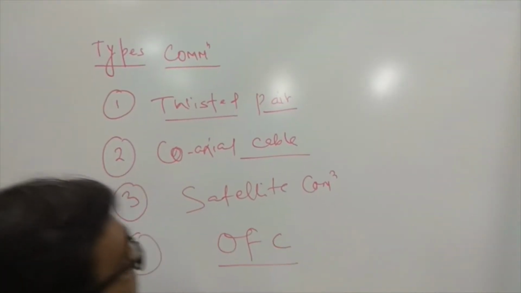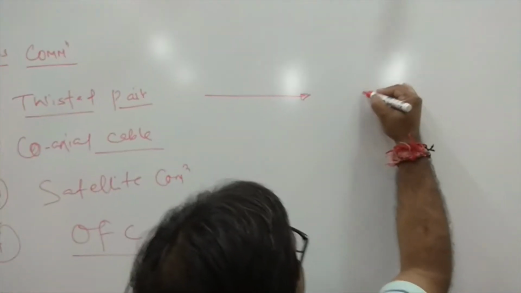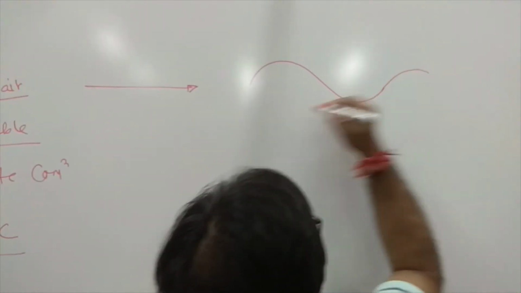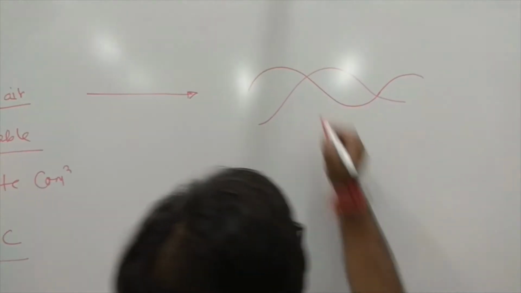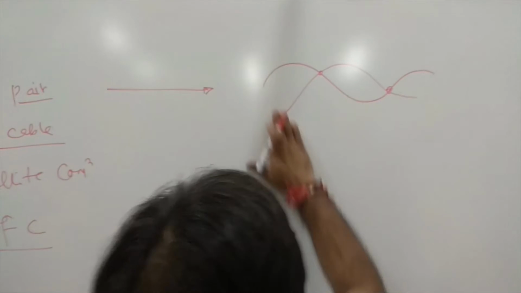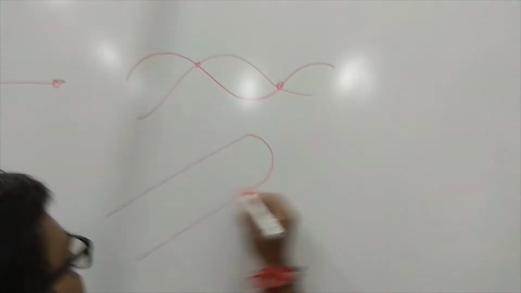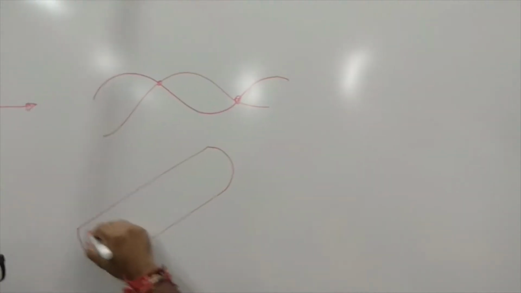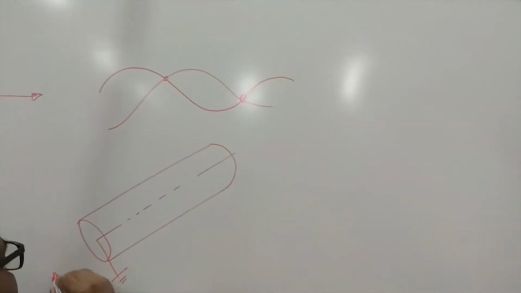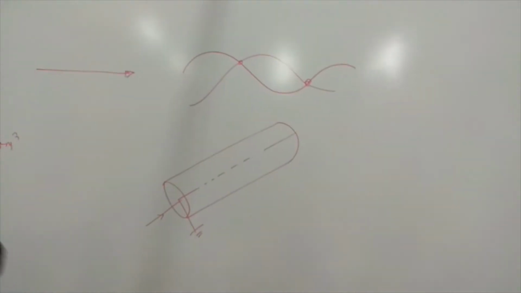As far as the twisted pair, the name itself, the construction looks like this, right? And similarly, coaxial cable, and this one is ground, right? And satellite and optical fiber communications.